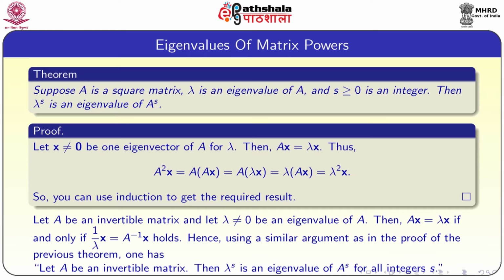So x is an eigenvector of A inverse corresponding to eigenvalue 1 by lambda. Since 1 by lambda is defined as lambda is not equal to 0, using a similar argument as in the proof of the above result, if A is an invertible matrix, then lambda power s is an eigenvalue of A power s for all integers s.